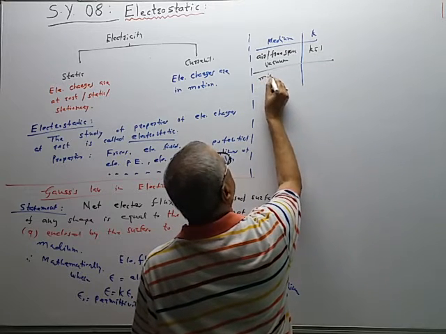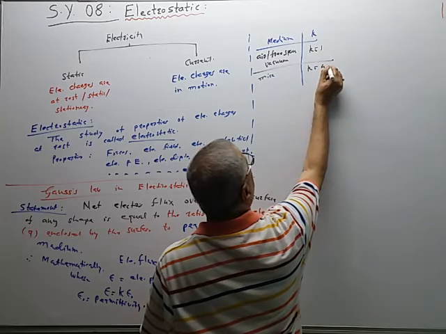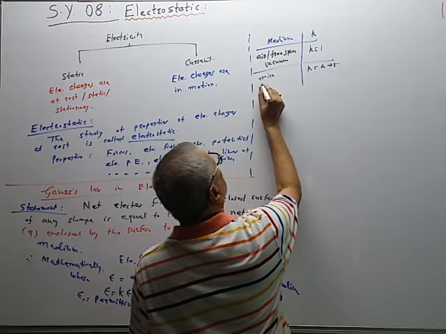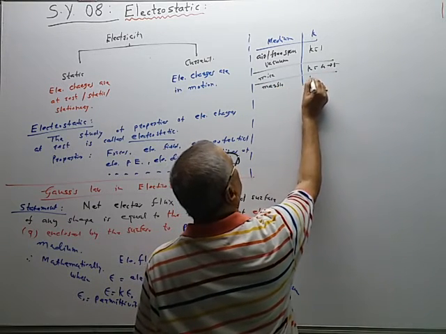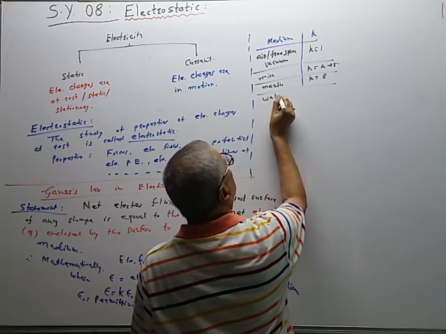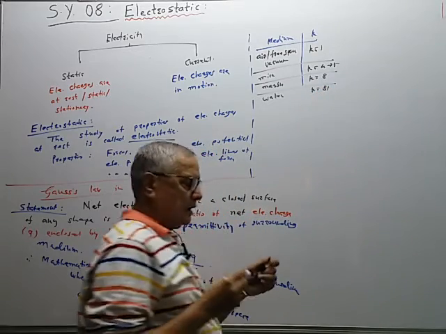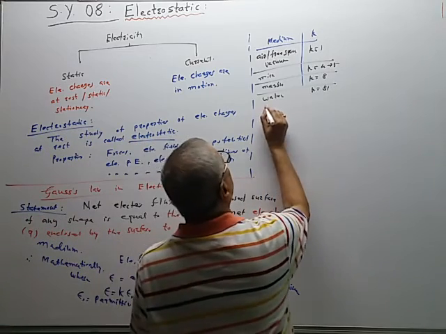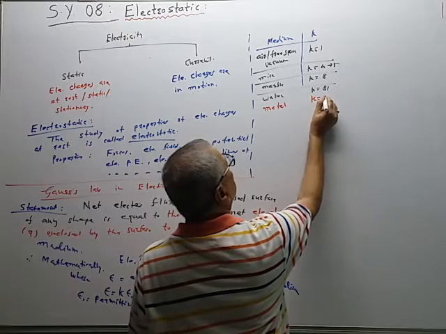For mica sheet, K is between 4 to 5. For marble, K is equal to 8. For water, K is equal to 81, and the most important quantity is the metal. For metal, K is equal to infinity.